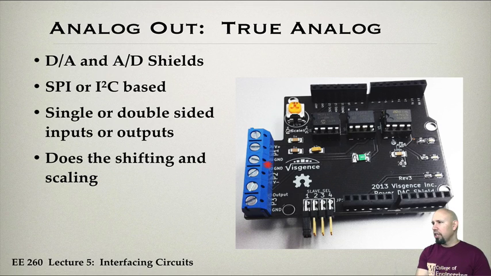This particular one is a digital to analog converter, called a power DAC, and it will do the shifting and scaling so that whatever number of bits you use, in this case I think it's a 12-bit converter, those bits convert to plus or minus 12 volts. Okay, so that's what that does.